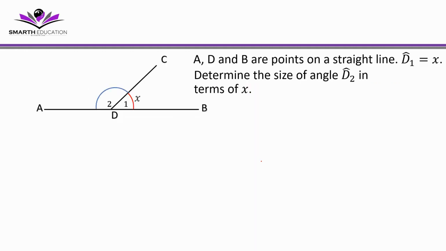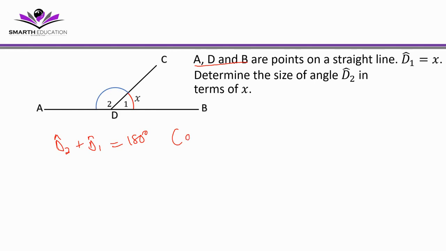Then the next one: A, D, and B are points on a straight line. D1 is equal to x. Determine the size of angle D2 in terms of x. We're given that these points are on a straight line, so angle D2 plus angle D1 is equal to 180 degrees.